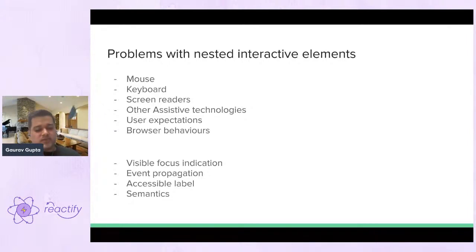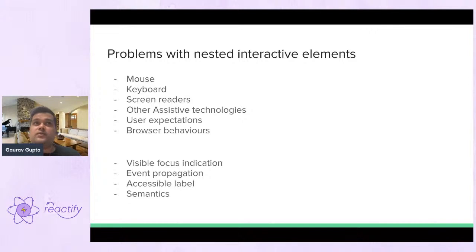So just giving you a quick example of where it could be a problem for mouse users, right? Let's say you have a checkbox, and the checkbox label has a link in it. If you have seen a terms and conditions modal where there is a checkbox saying I have read the terms and conditions, and the terms and conditions itself is a link, right?